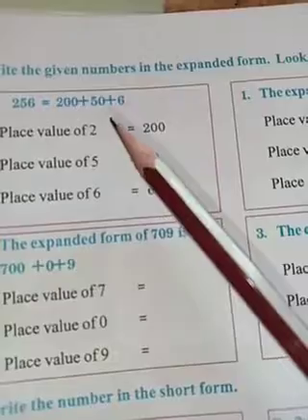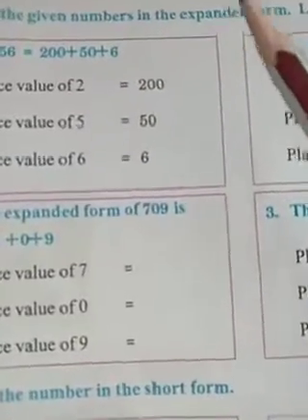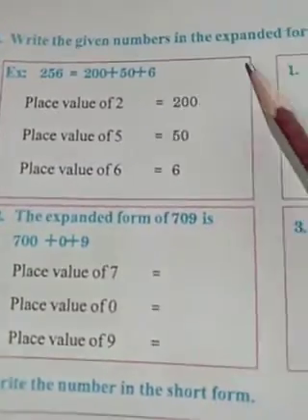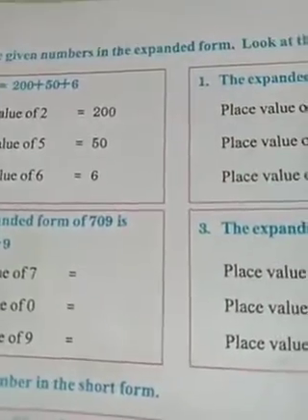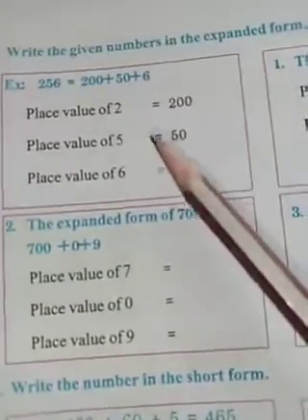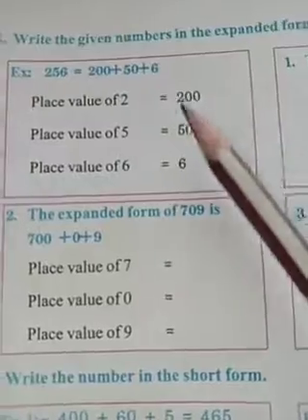Next, page number 32. Here, write the given numbers in the expanded form. Look at the example. See here, expanded form.